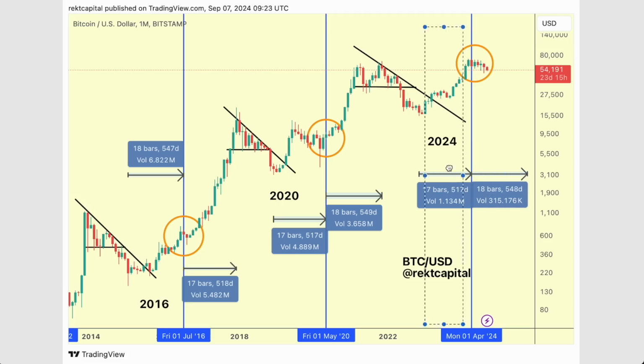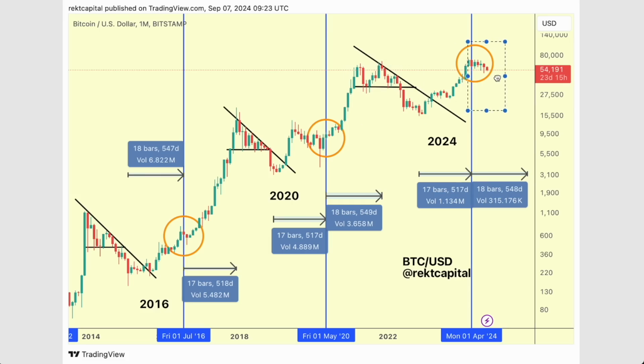So if we were to compare where we roughly are in the cycle, then in 2020, here we are. This is exactly where we are in the cycle. And the same thing in 2016, this is roughly where we are. Of course, we were uptrending at this same moment in the cycle in the post-halving of 2016 and also of 2020.